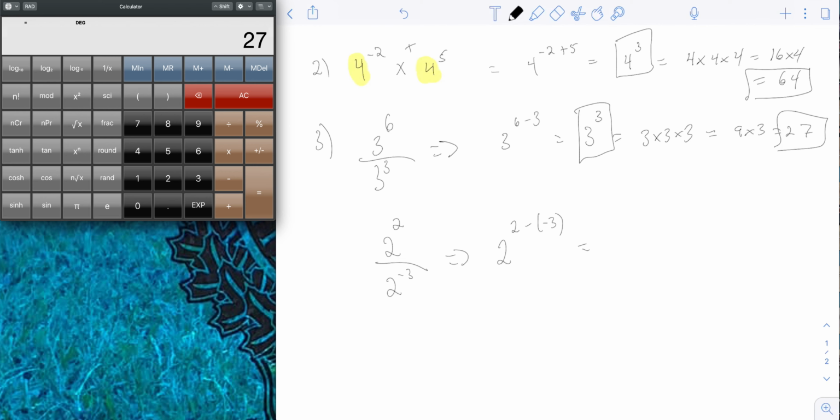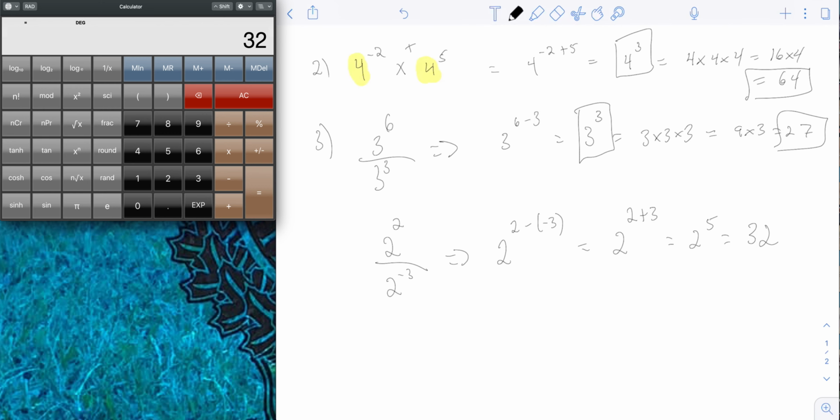So what you're actually going to have is 2 to the power of 2 plus 3, which equals 2 to the 5. You type into your calculator 2 to the power of 5, and you get 32.